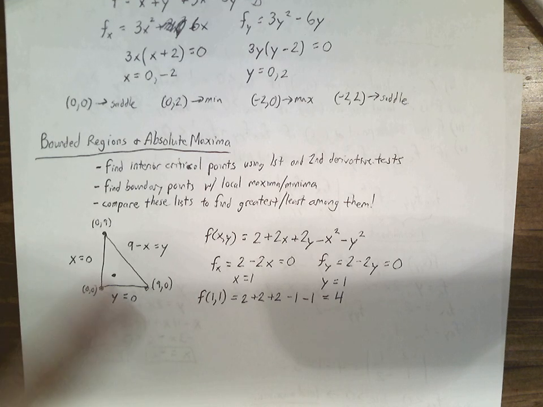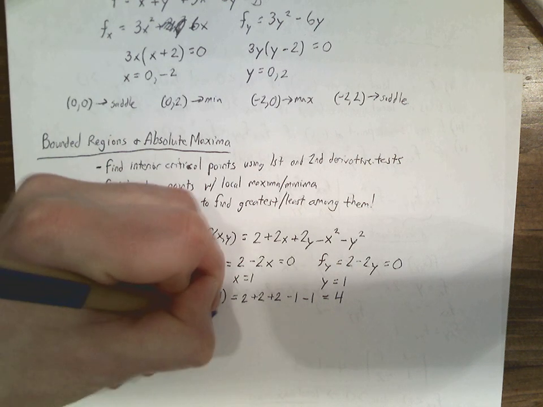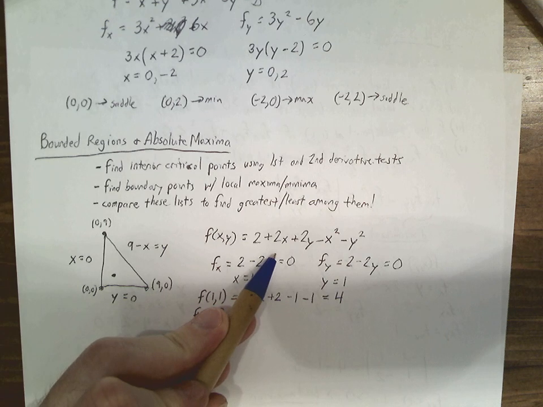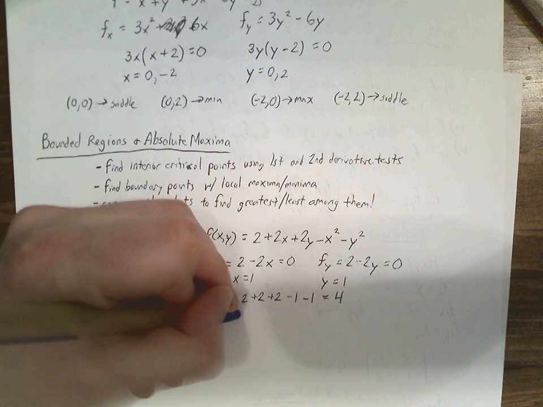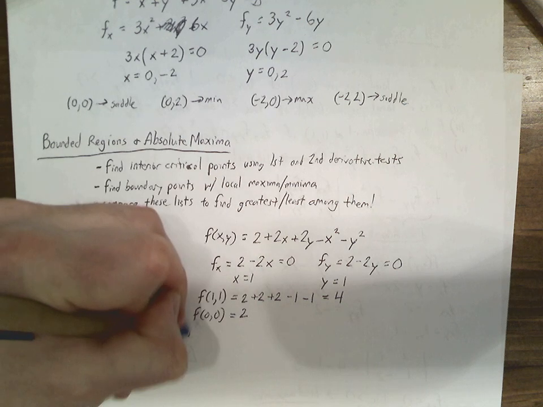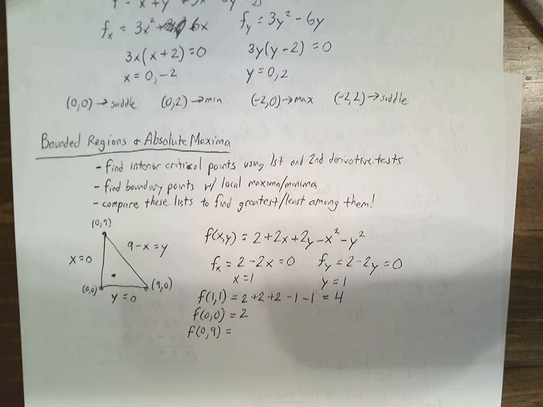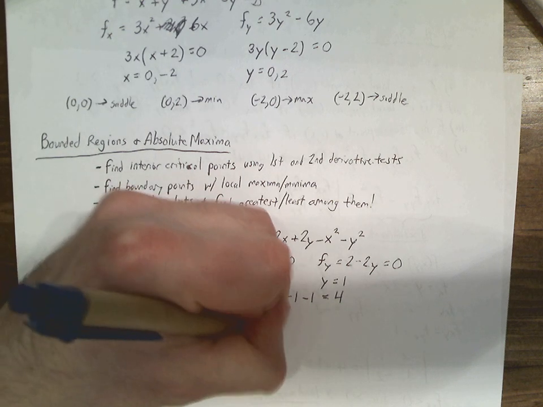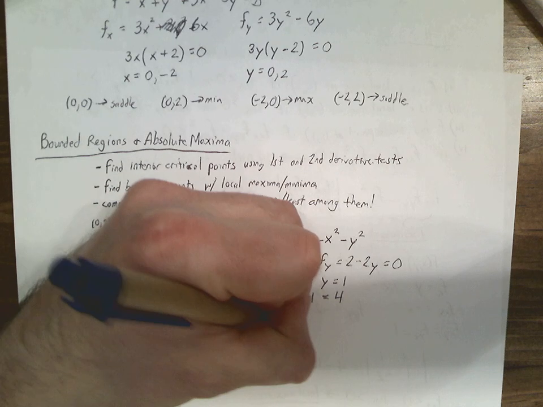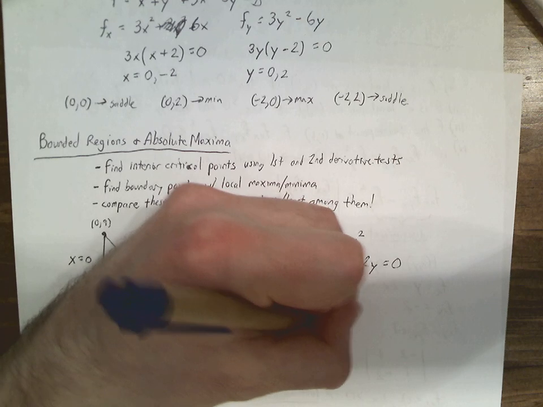Now, we're going to look along our boundaries. One thing we'll want to check is the actual endpoints of the function itself. So we want to look at the value f of 0, 0. Basically, at the origin, all x and y's become 0, and we're left with just 2. So we'll get 2. We can look at the point 0, 9. So x is 0, y is 9. We'll get 2 plus 0 plus 18 minus 0 minus 81, which will evaluate to negative 61.